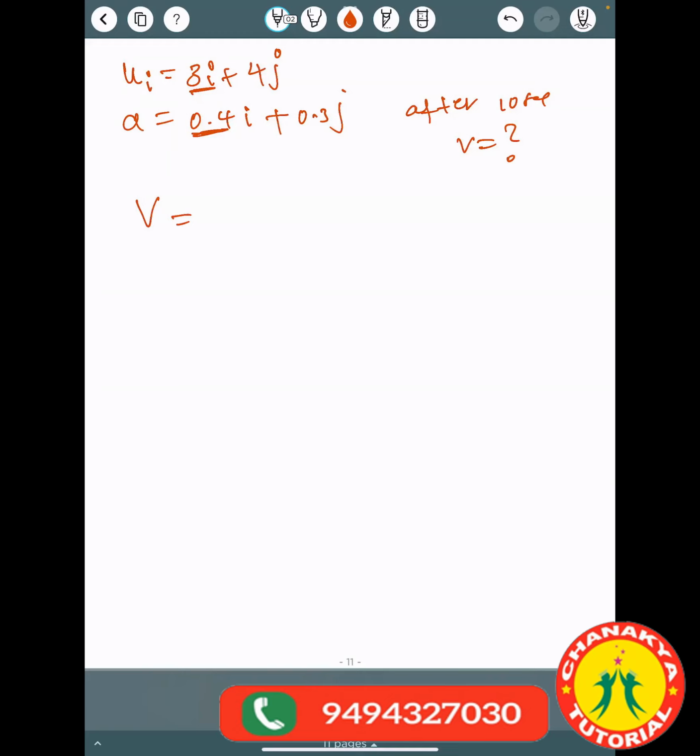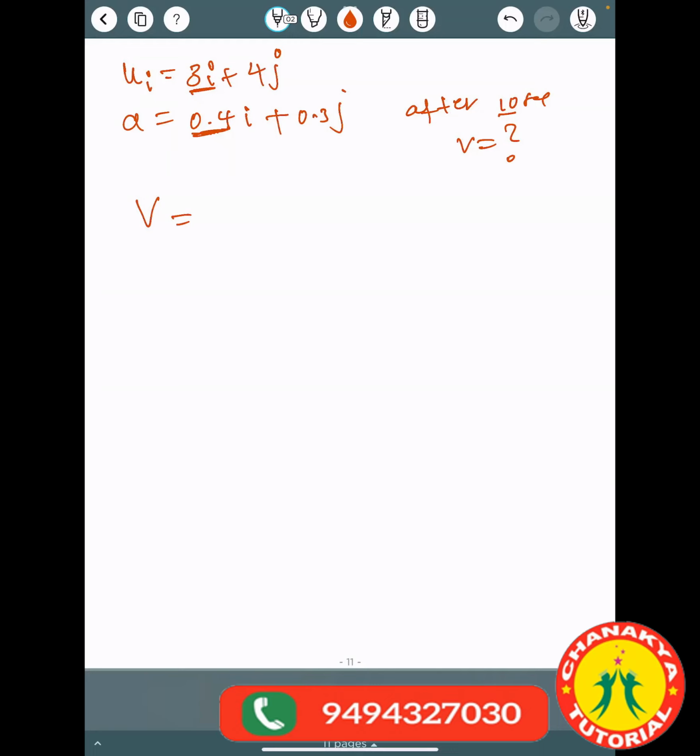What will be the velocity after 10 seconds in the x direction? See, in 1 second, it is increasing by 0.4, right? So in 10 seconds, it will increase by 4 meter per second.